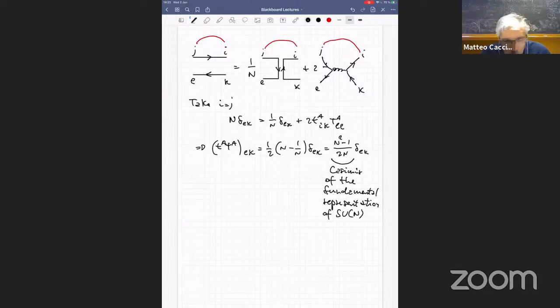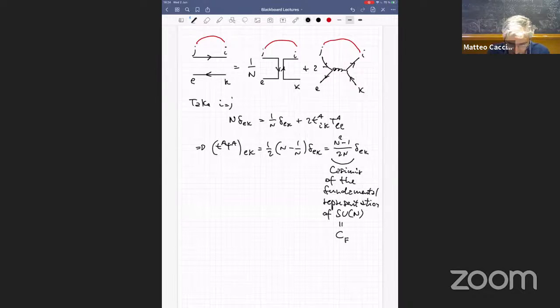It's called CF, Casimir of the fundamental. CF is sometimes spoken of as a color factor, which is nice because it is also CF, color factor, but technically it's a Casimir of the fundamental. The reason why we also like to call it a color factor is the following one.